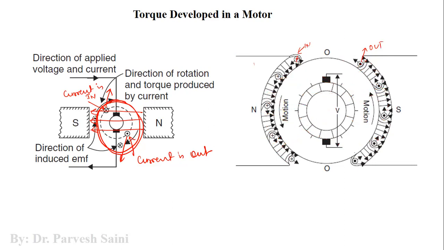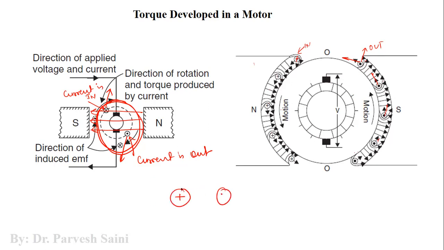If we use Fleming's left hand rule, we will see that this particular conductor will experience torque in this direction, and these conductors will experience force in the direction which will assist the rotation. You will never find that two conductors have the same direction.